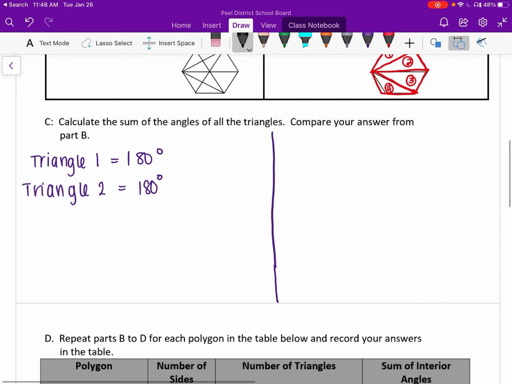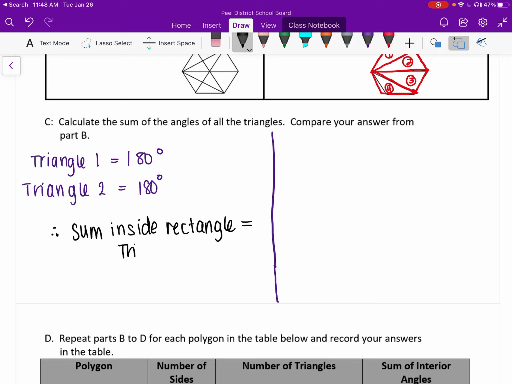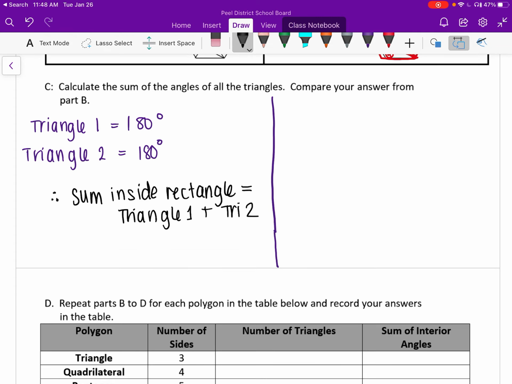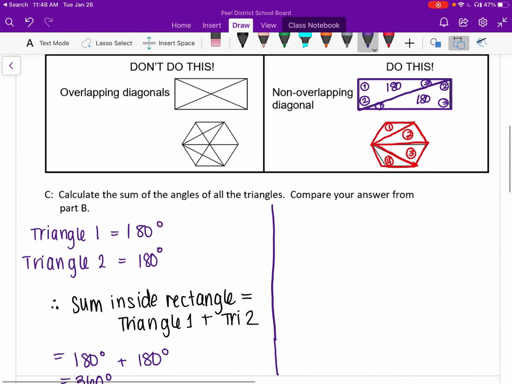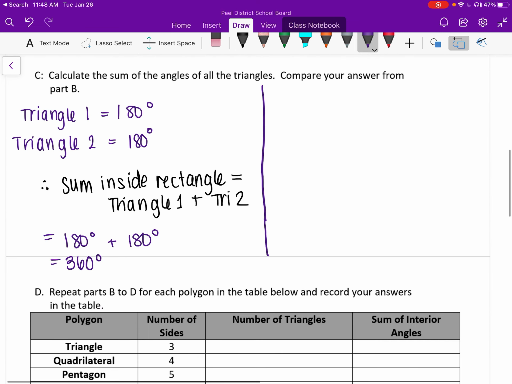Therefore, the sum inside the quadrilateral, of all the triangles, is going to be triangle 1 plus triangle 2, which is going to equal 180 plus 180, which gives me 360. That means that the sum of all of the angles of the triangles inside here is going to equal 360.